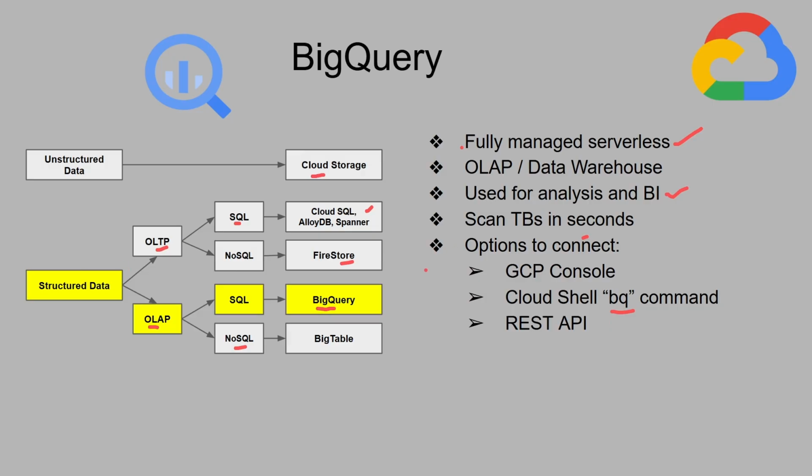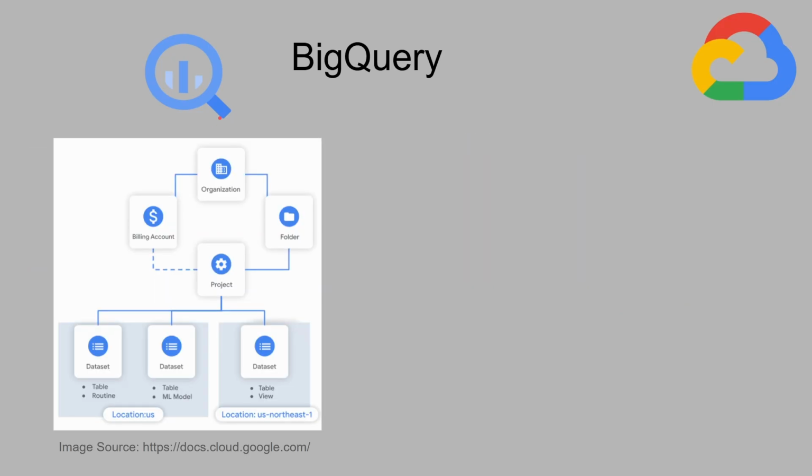Now let's explore the BigQuery resource hierarchy. In Google Cloud, the organization is the top level in the hierarchy. Under that, you create folders to organize different projects. To use any Google Cloud service, you have to have at least one project.